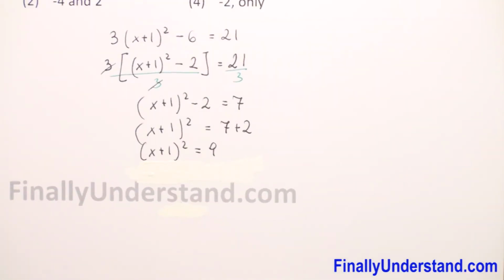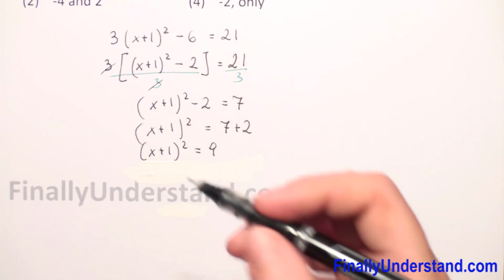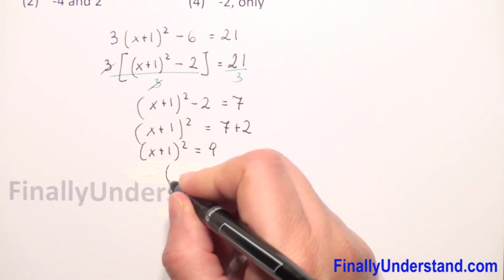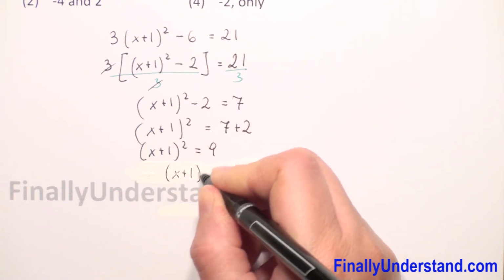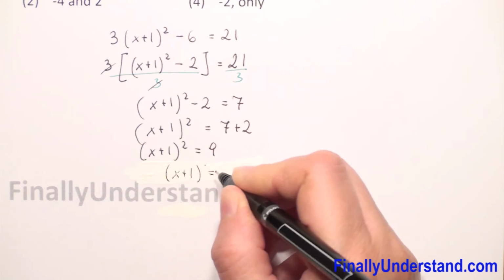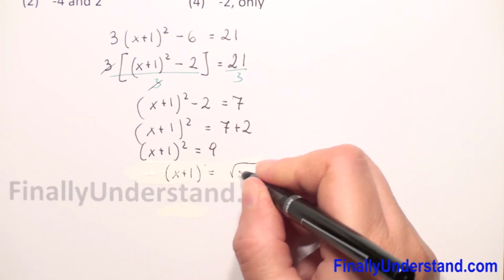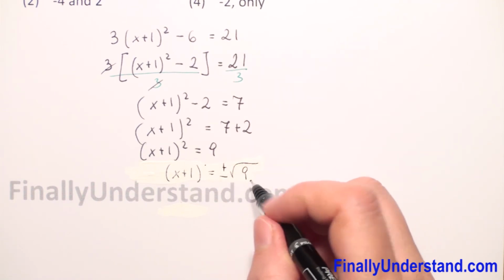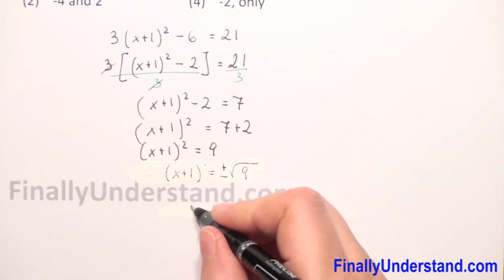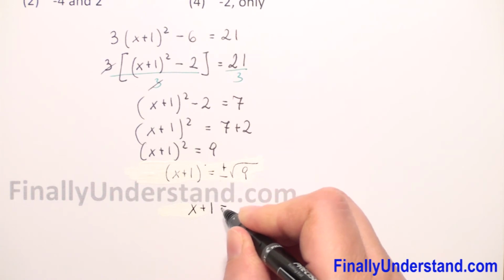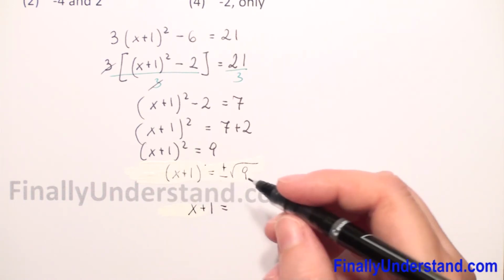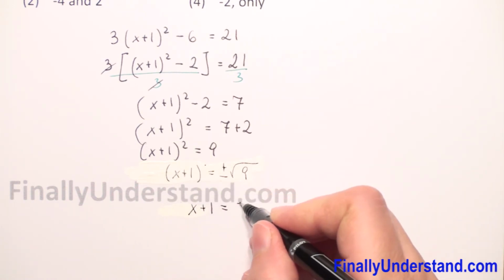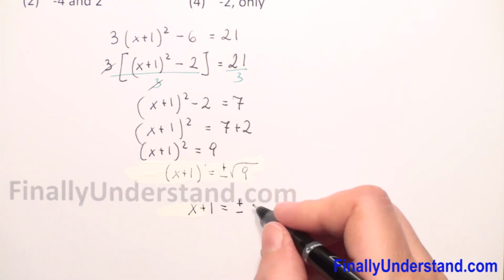Now we will take the square root of both sides. So we will have x plus 1 is equal to, of course, plus minus the square root of 9. So we have that x plus 1, we don't need the parentheses now, is equal to plus minus the square root of 9, which is 3.